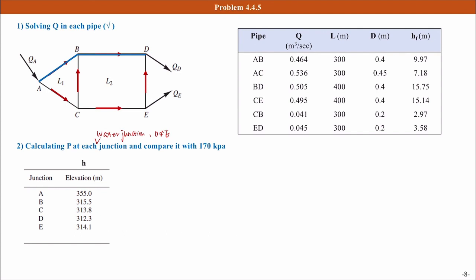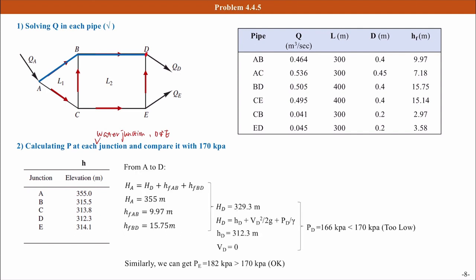Let's use junction D as an example. The total energy at point A equals the total energy at point D plus the friction loss from point A to D.